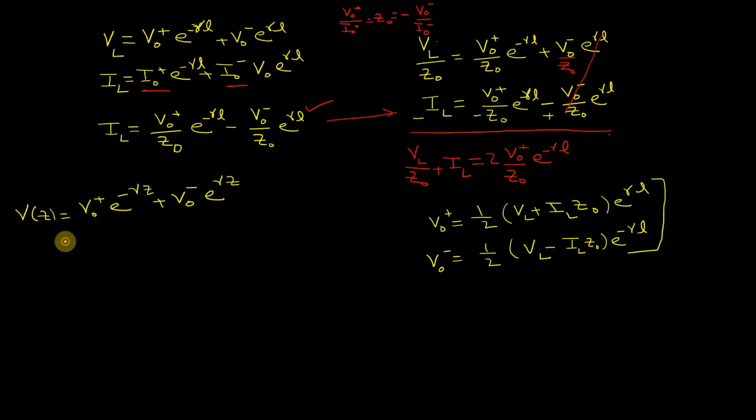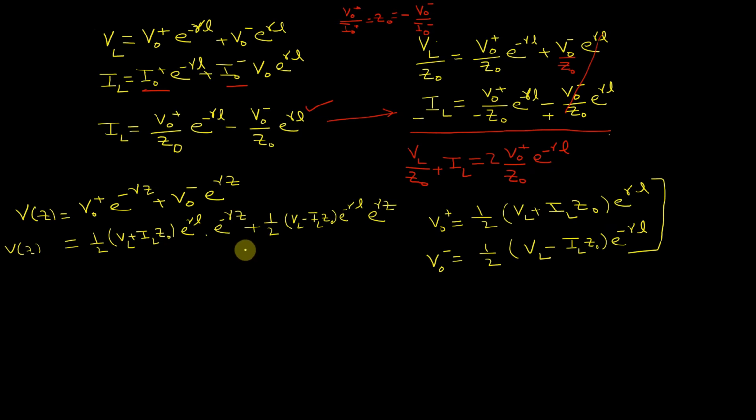Put that value: Vz is equal to 1 by 2 VL plus IL Z naught, e raised power gamma L, e raised power minus gamma z. And what is the value of V naught minus? Put that value here: 1 by 2 VL minus IL Z naught, e raised power minus gamma L, e raised power gamma z. So this is the value.